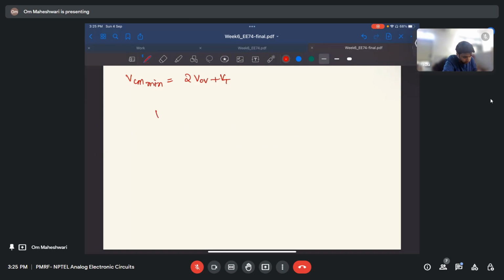Now what is VOV? 2 VGS minus VT plus 2. For the sink transistor, if I naught current is flowing here, then VOV will be under root I naught by Kn. It was transistor 3, right? So Kn3.